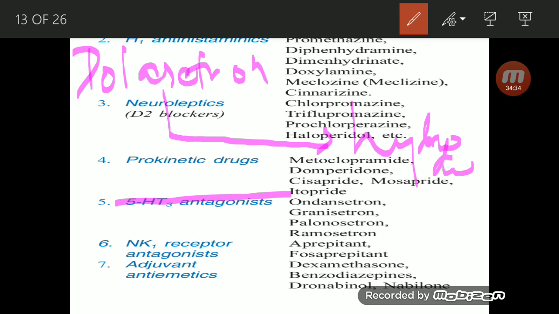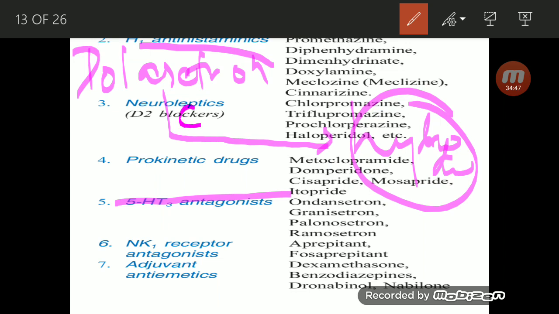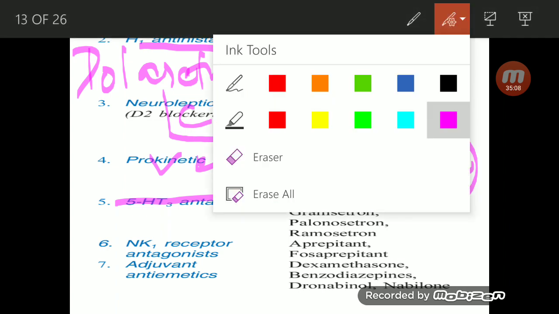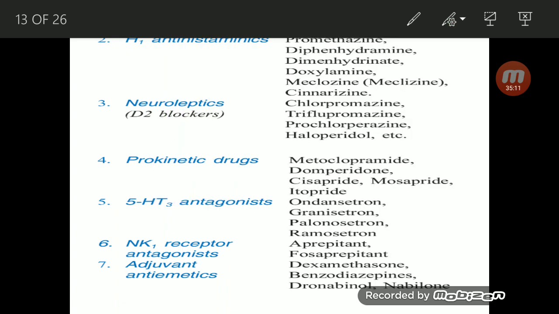This metabolism is normally brought about by carbonyl reductase. So this is the prodrug that you see in case of your 5-HT3 antagonists.